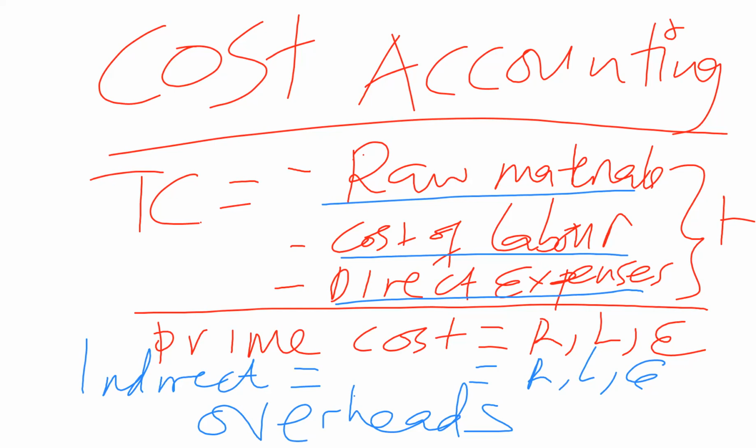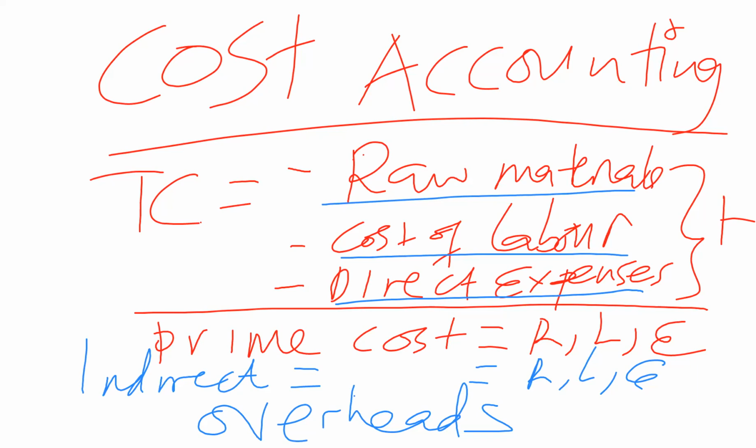So now, the salaries of those people who are directly involved in the production of that product are called the direct labor costs. But the money that is paid to the supervisor, the people who are supervising that labor, is not directly related to the product that we are producing.